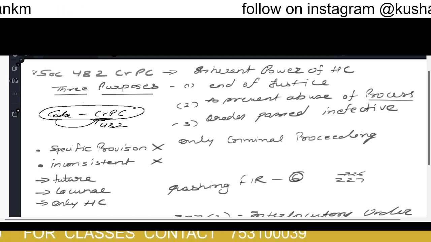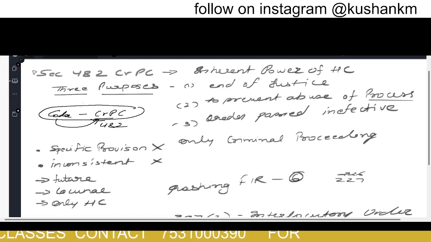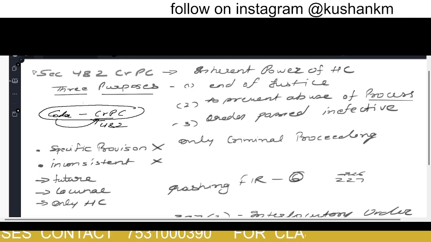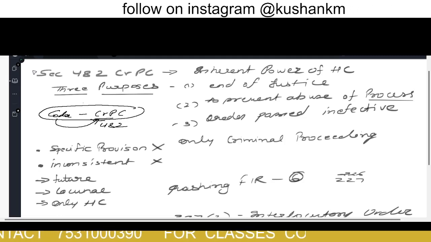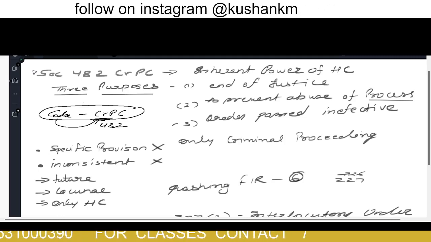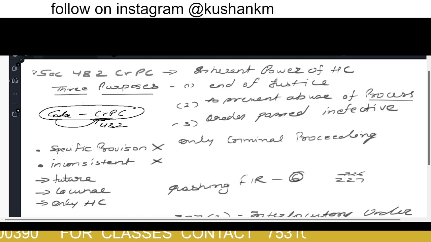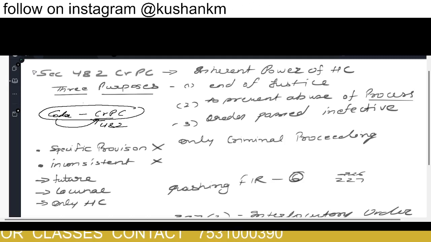Then it says to make such orders. Now we are going to see that the powers provided to High Court through section 482 are three in number. First one, when we read the Act, is to make such orders as may be necessary to give effect to any order under this code.